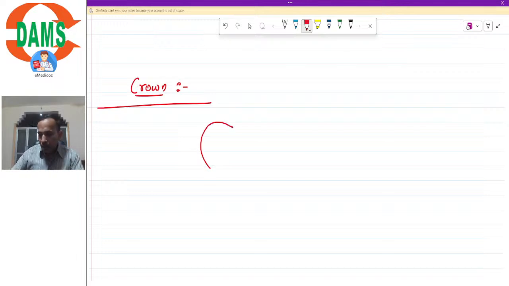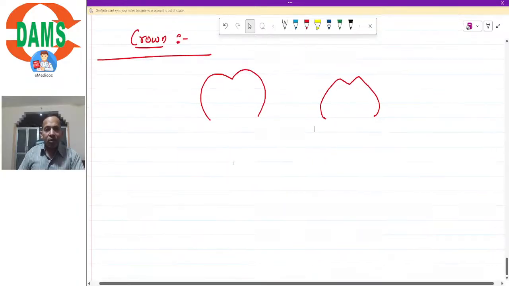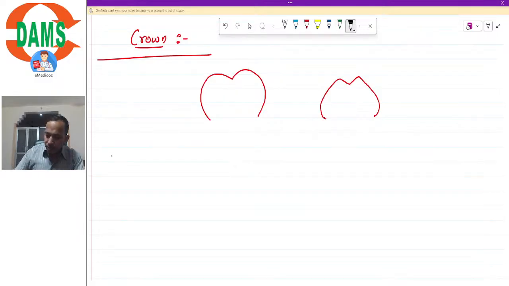This is the permanent tooth or the permanent crown, and this is the primary crown. When you look at the two, which of these would appear bulkier? The permanent is bulkier as compared to the primary.